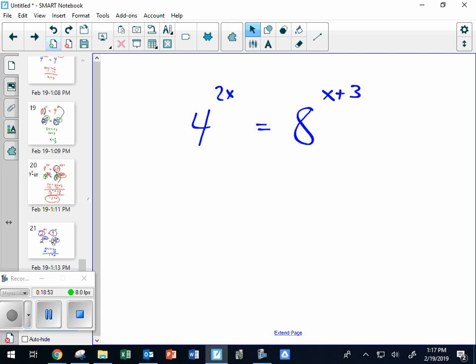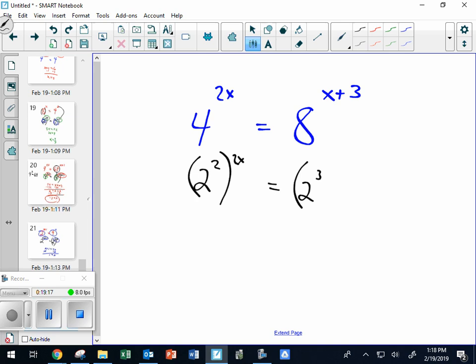Hint, you can't make x into 4 to the something unless you do something really complicated. So maybe you should change both bases. I'm going to pause for a second and give this a try. Once you get that, it should be like, oh, I see. Because now I got the bases the same.